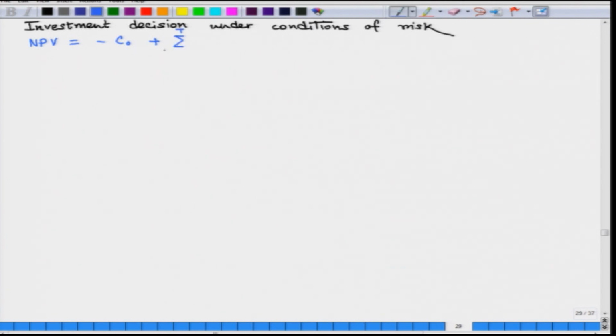Let me write down the formula, then I am going to talk about the notation. So, C naught is basically the value of the initial investment, and that is the current value.